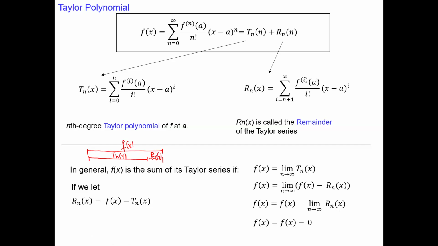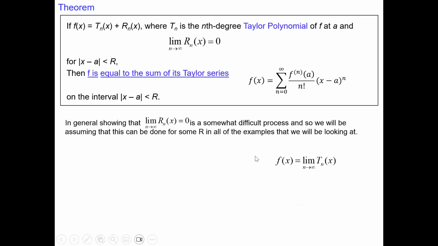Okay, and then the theorem, of course: if this remainder goes to 0, f is equal to the sum of its Taylor series on the interval of convergence. We remember a lot of this information from the Taylor series session video.